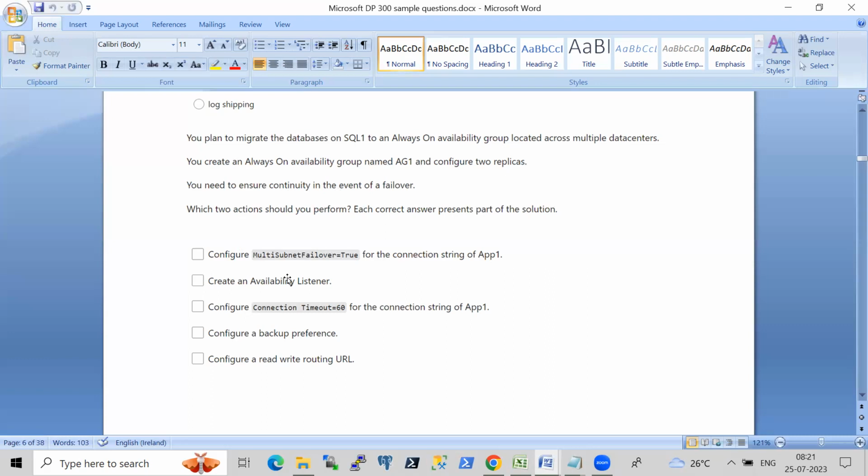The same question, this time it is on IaaS, Azure VMs, using load balancer. Should I make use of multi-subnet failover equal to true? If it is load balancer, not required. Yes. So if it is load balancer, it is not required. But the last question, it is on distributed network name, DNN technology.